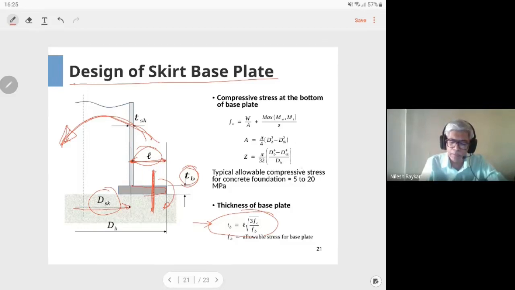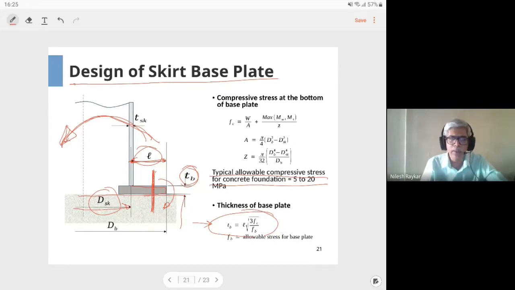And for designing the base plate, one more check is that below the base plate there is a concrete foundation most of the time. If a steel structure is there, then this calculation is not required. But 99% of the time, such heavy vessels will be mounted on concrete foundation.